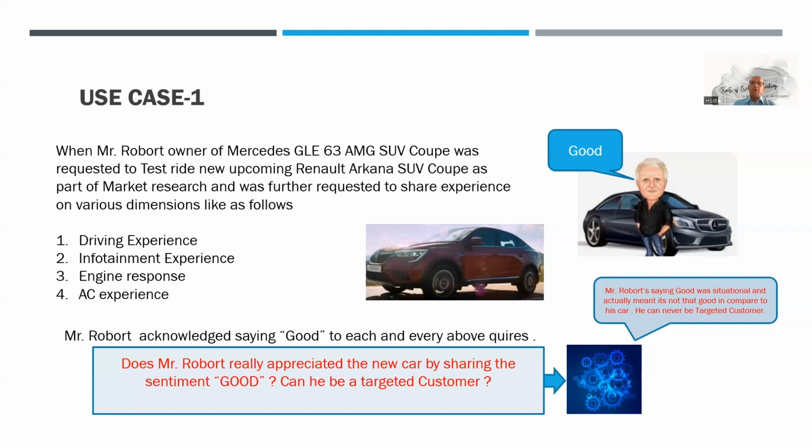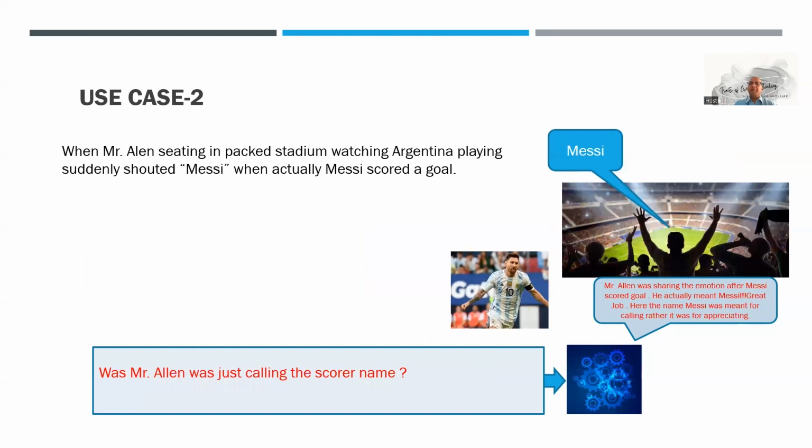Okay, now let us go with the second example. If someone from the gallery in the stadium shouted "Messi", say Messi is a player who is on the ground, and he shouted by taking his name. So it doesn't mean he's calling Messi.